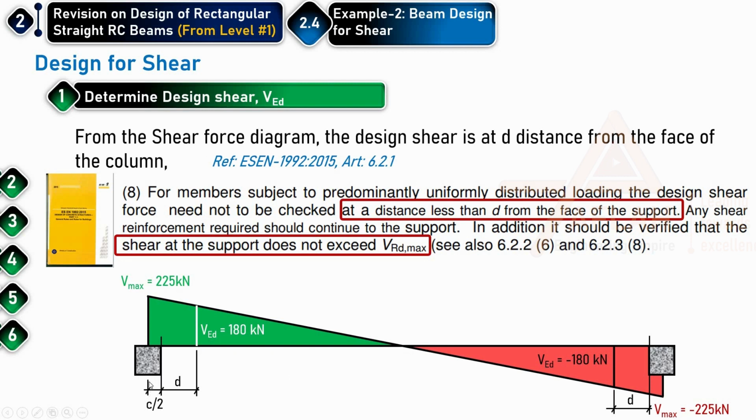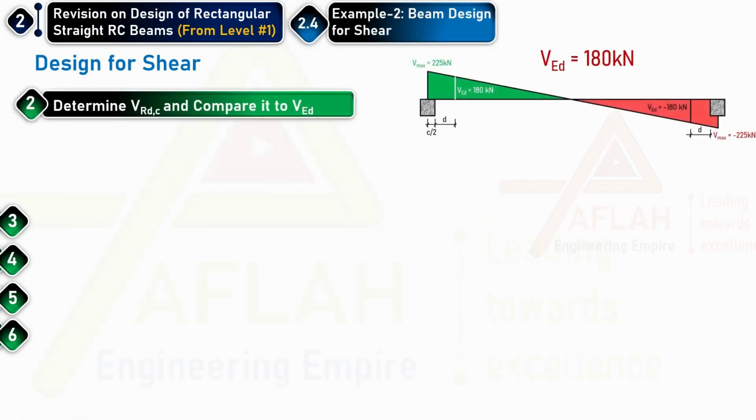So C over 2 means 300 divided by 2, it is 150 millimeter or 0.15 meter. D is calculated to be 0.45 meter. So we can calculate the remaining part. With this similarity of triangles, you can easily calculate it. Again the shear at the support will be similarly calculated, and you can get this support shear, 213.75 kilonewton.